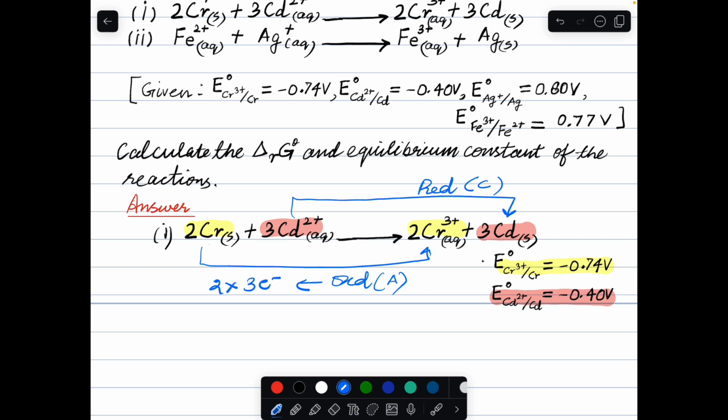And in the second case, we have di-positive ion converting into the metal by the gain of 2 electrons, and there are 3 atoms, therefore again we will multiply by 3. So we have to remember here that the loss and gain of electrons is always the same, that is here in this case 6 electrons for each half cell reaction.